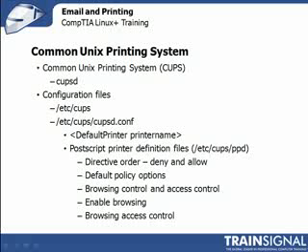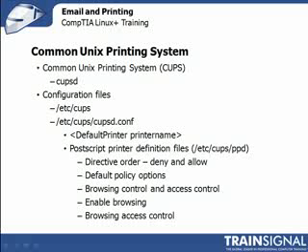The format for each entry is simply default printer followed by the printer name enclosed in angle brackets. Each printer definition contains information on the printer's location and things like status and other options.